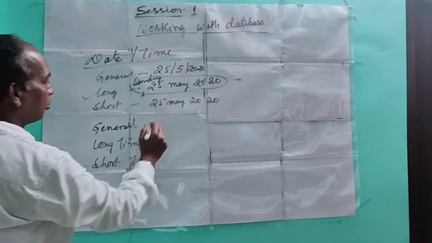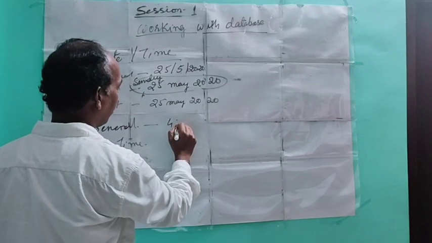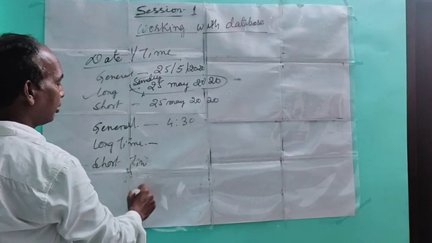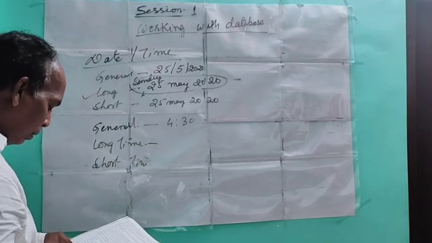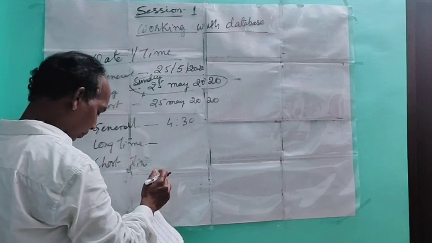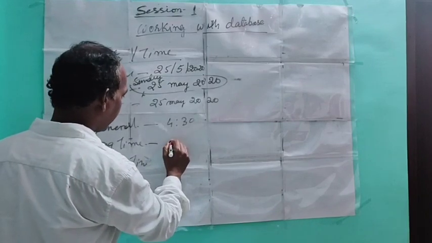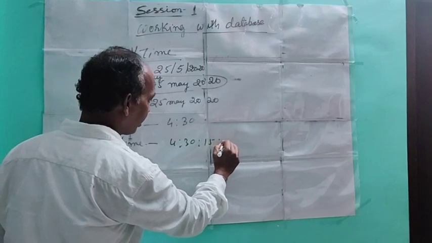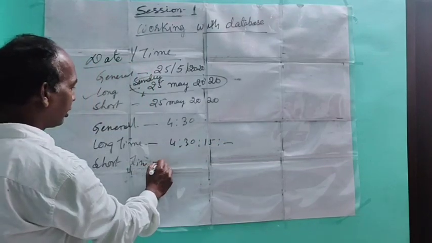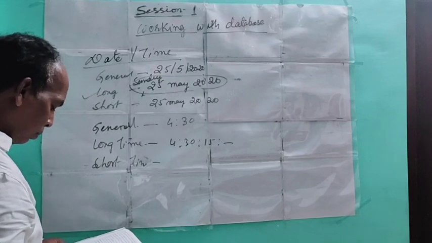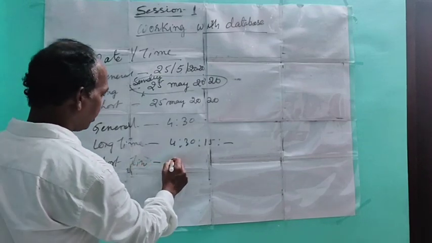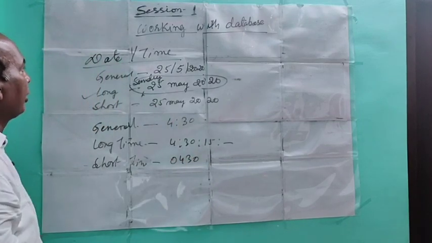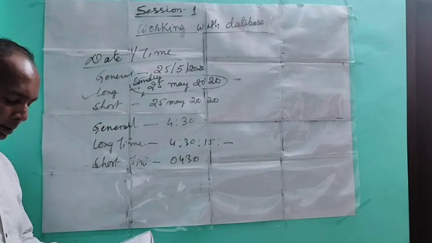Under general time, 4:30 p.m. Under long time, we will get 4:30:15. Under short time, we will get 04:30. So these are the different formats of date and time.